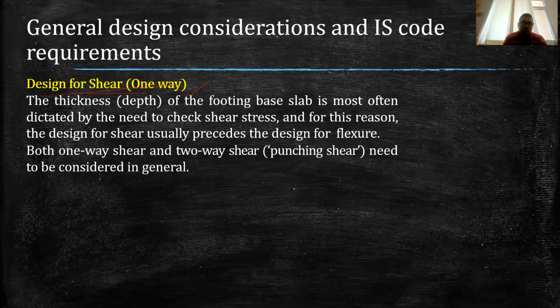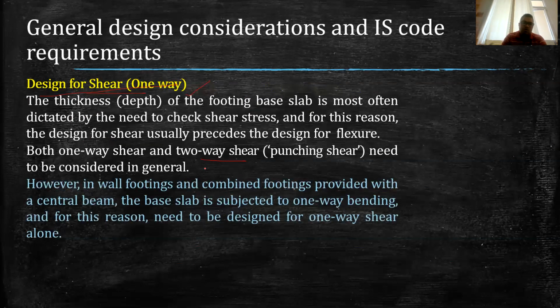Now, both one-way shear and two-way shear are generally considered in the foundation design. But if we are designing a foundation for a wall, or a combined foundation, combined footing, two-way shear will not be encountered, and therefore we consider only one-way shear in case of wall foundation design and combined footing design.